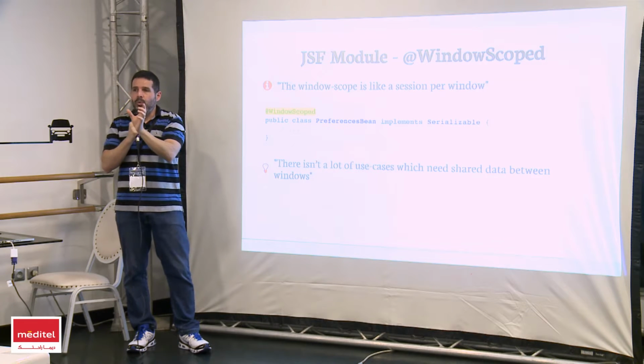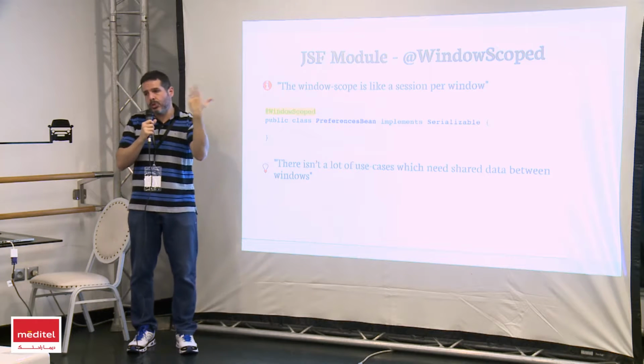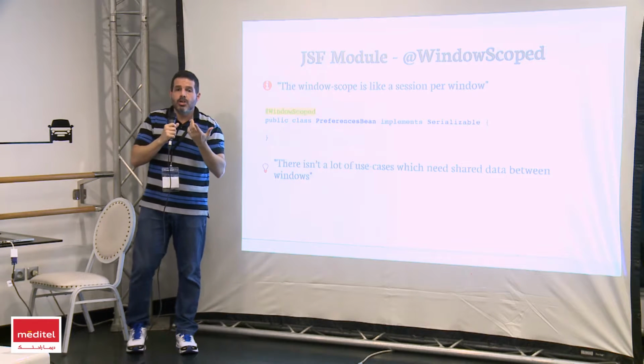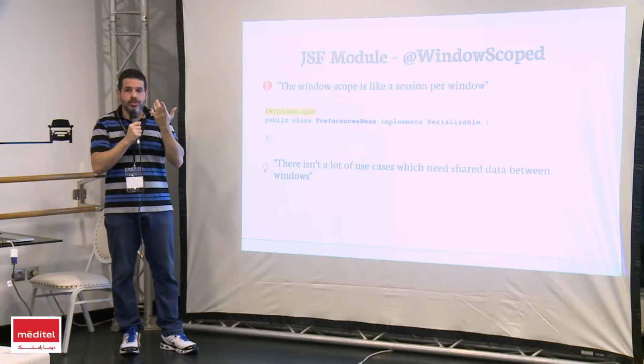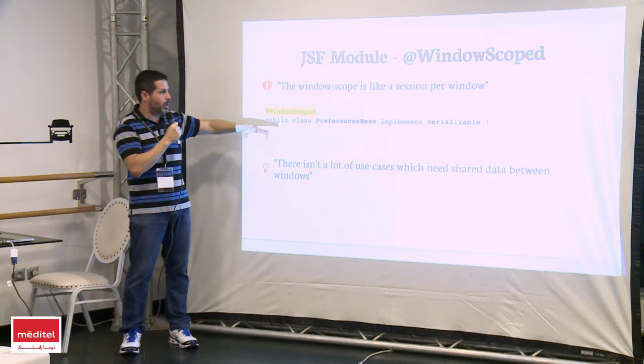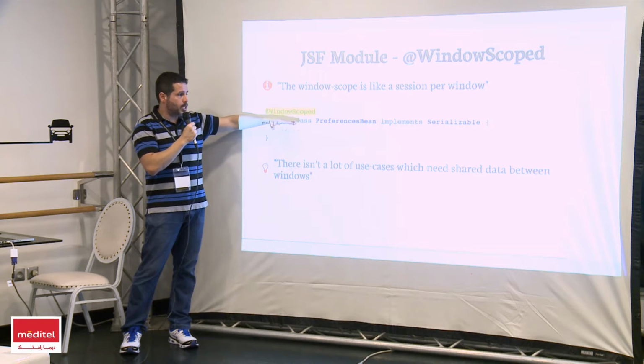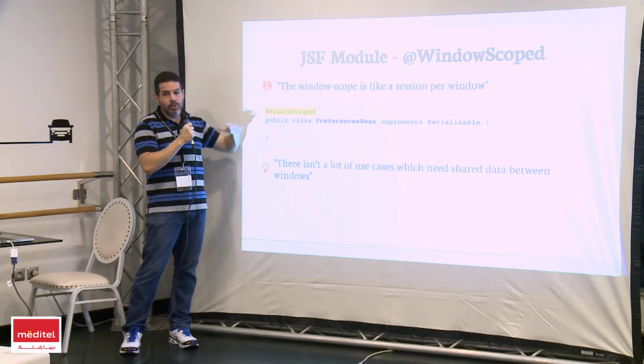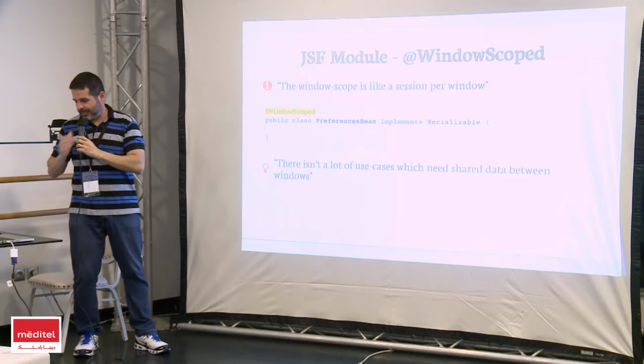It's rare that you have to share values between windows. In those cases, you could use session. So DeltaSpike allows you to use objects in the window scope.